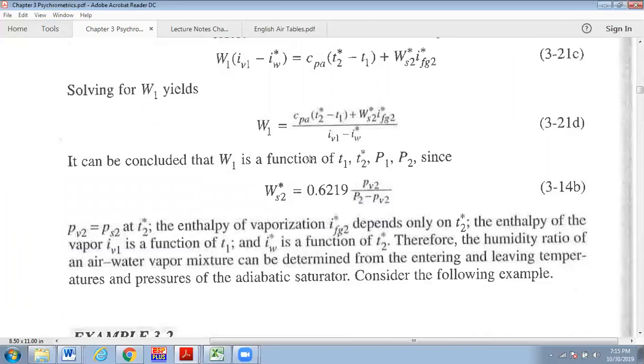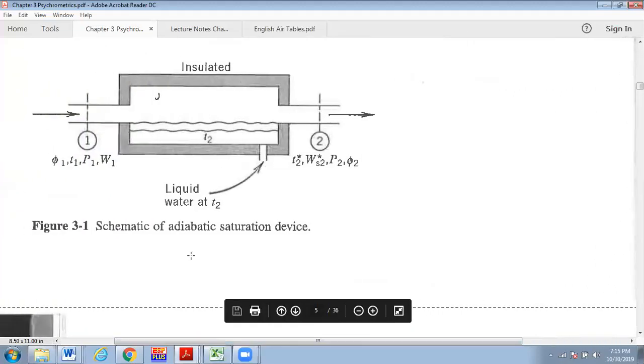Notice this first term. What's the sign on this first term going to be? Is it going to be positive or negative? It's got to be negative, because T2 is less than T1; the largest the difference can be is 0. They could be equal if the air coming in is saturated, then T1 and T2 will turn out to be the same.